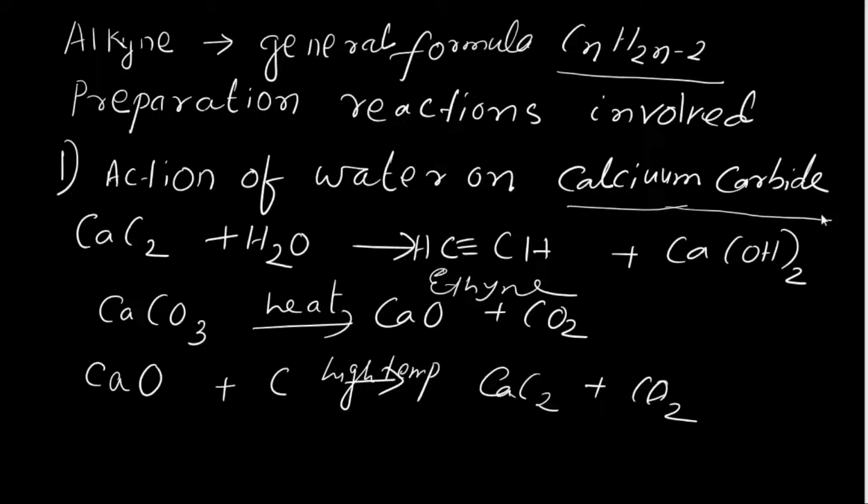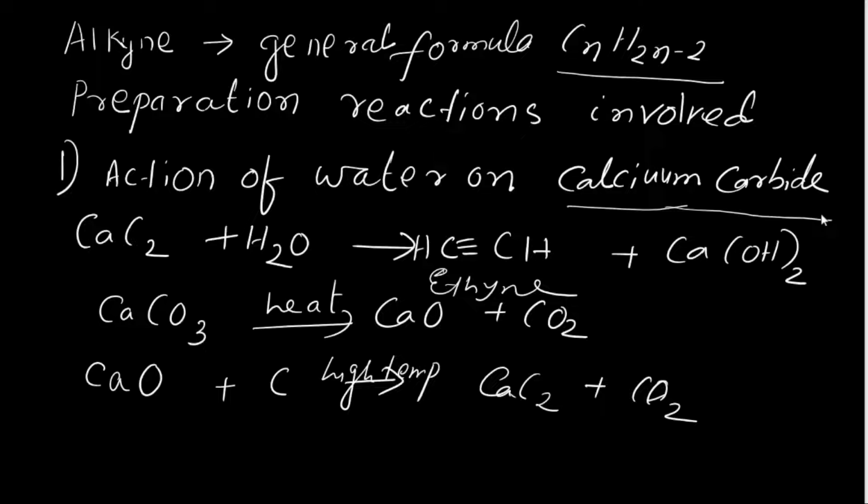Calcium carbide with water gives ethyne and calcium hydroxide. Calcium hydroxide is famous as an inorganic compound; when carbon dioxide is passed through lime water, it turns milky. And CH triple bond CH is ethyne, which is the first and simplest hydrocarbon in alkyne.